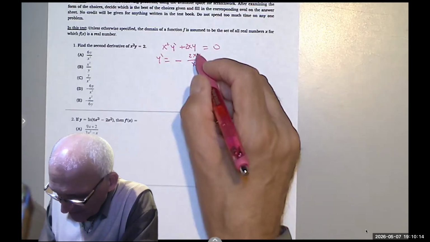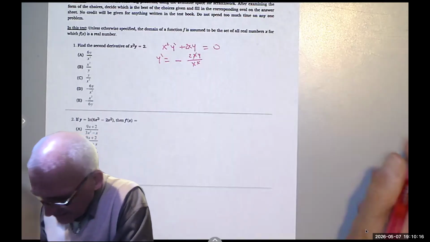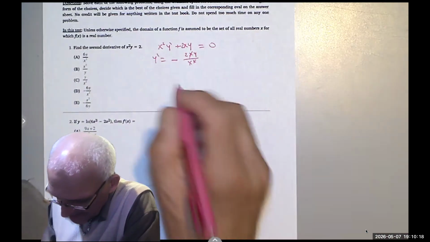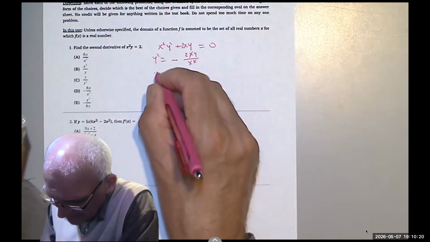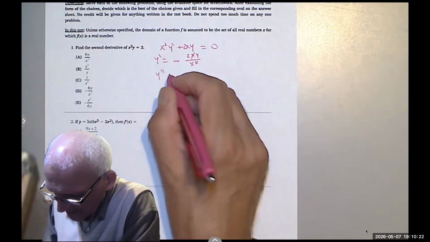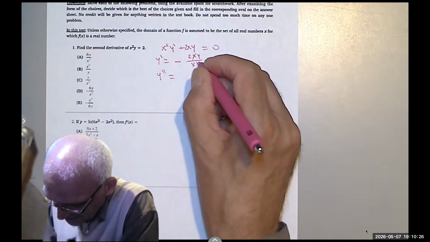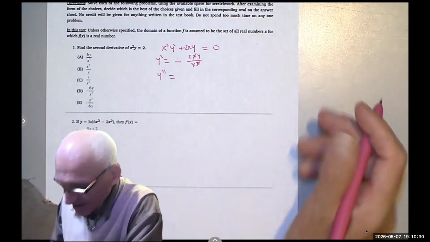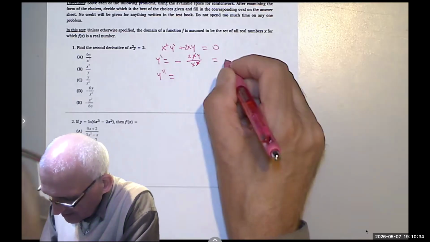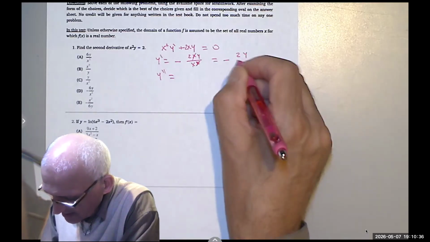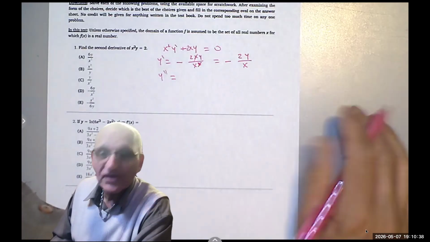So now when you subtract 2xy, you get y prime equals negative 2xy over x squared. You can simplify x with x. It's negative 2y over x. And then when you take the second derivative, the left-hand side, okay, this is x, not x to the 4. This was 2, and it looks like a 4. So you get, let's write it here so you can see, negative 2y over x.